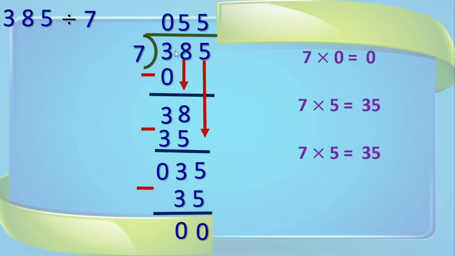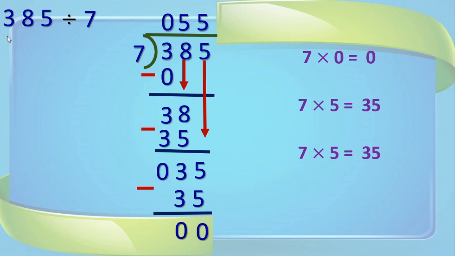I hope you understood why we take this 0 at the beginning. What is the quotient here? 55. What is the divisor? 7. Dividend, 385. Right? Okay, now listen here.